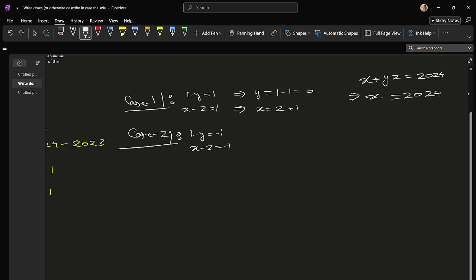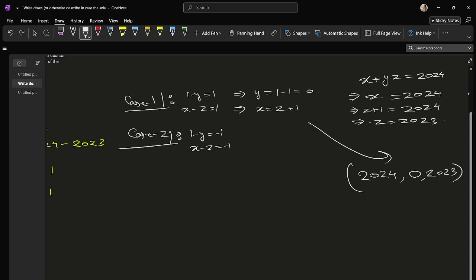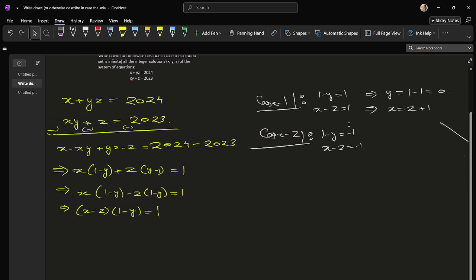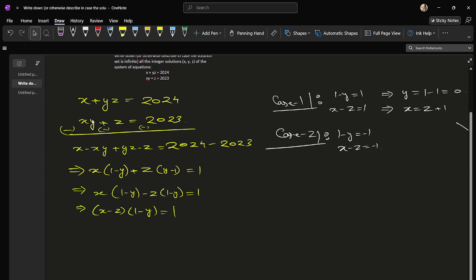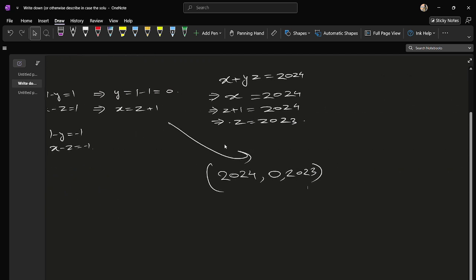We know that x equals z plus 1, so after getting this, we have z equal to 2023. So we got an answer: 2024, 0 and 2023. This will be an answer of this system. Let me check it again. If we put y equals 0 here, we get z equals 2023. So this is a solution.